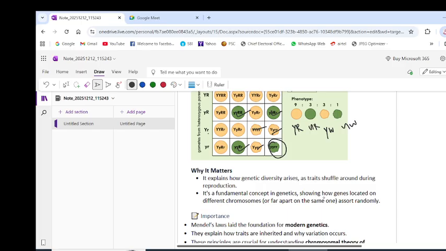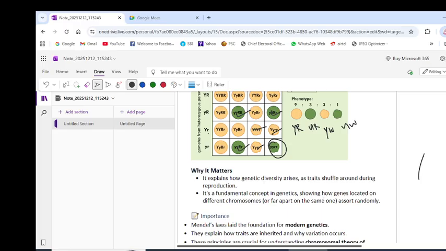And it is the fundamental concept of genetics. Because of these laws, we have some concepts. Based on these concepts, we formulated other theories and we did some practicals also. It is a fundamental concept in genetics showing how genes located on different chromosomes assort randomly.